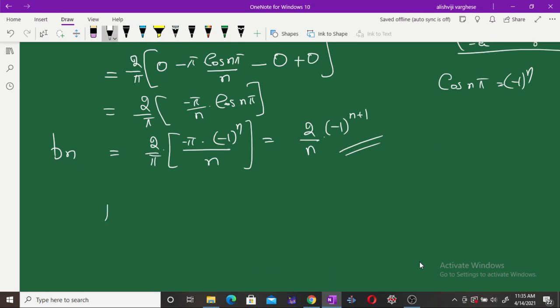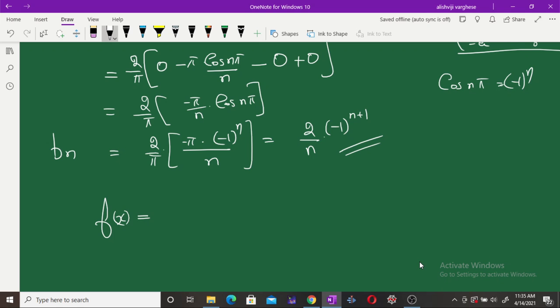So what remains is we can express the function f of x as the Fourier series like this. F of x is equal to a naught by 2, that is 0. Then an into cos n pi x by l is again equal to 0.